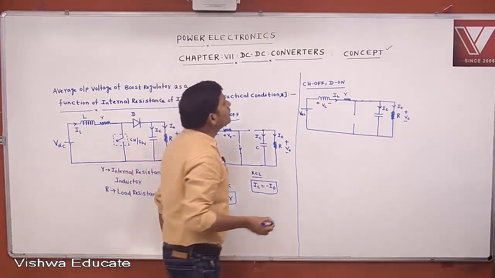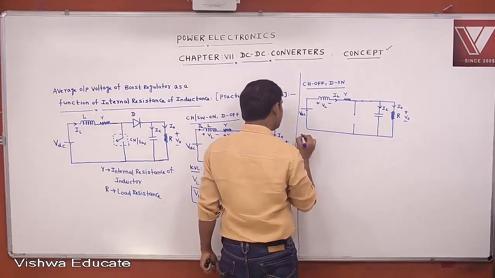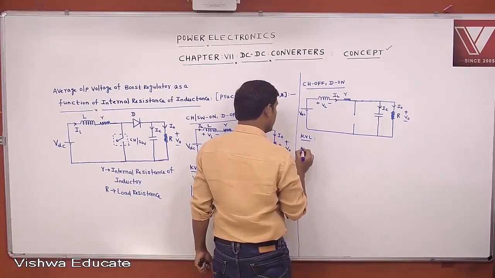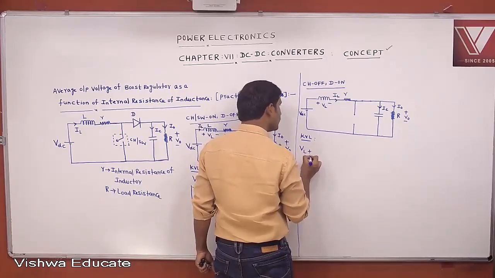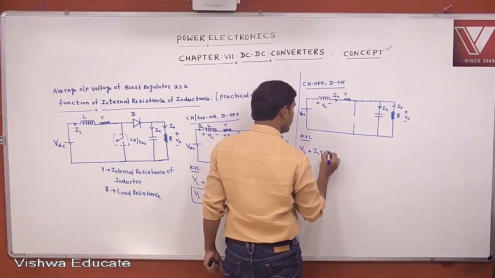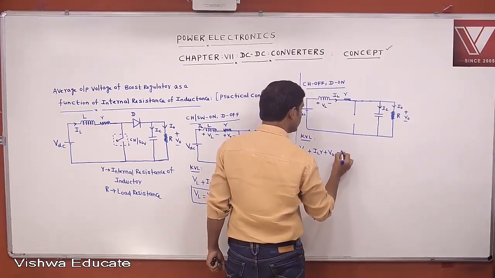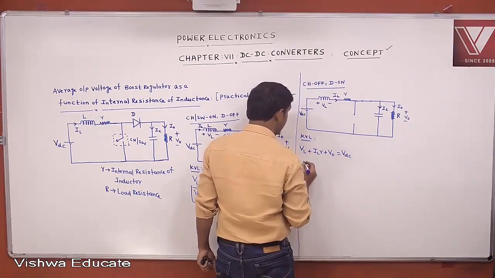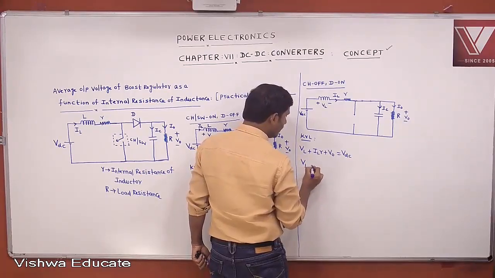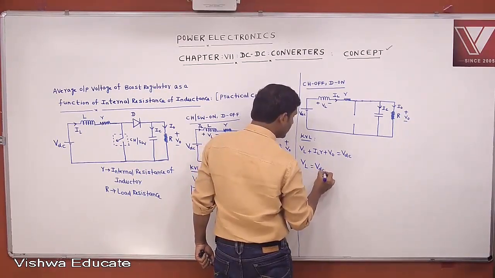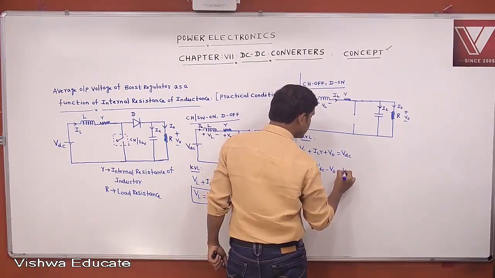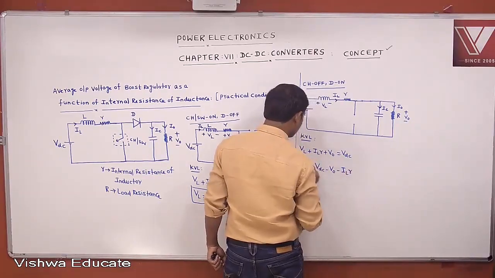Okay. Then apply KVL. What is the KVL, you tell me? VL plus IL into small r plus V0 equal to VDC. Then from this, VL equals VDC minus V0 minus IL into small r.